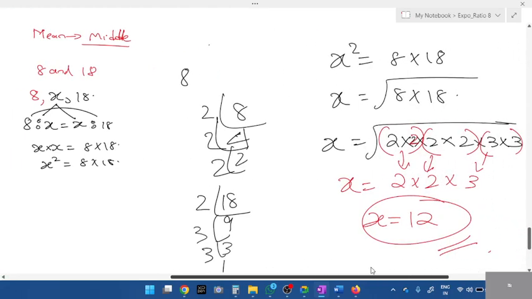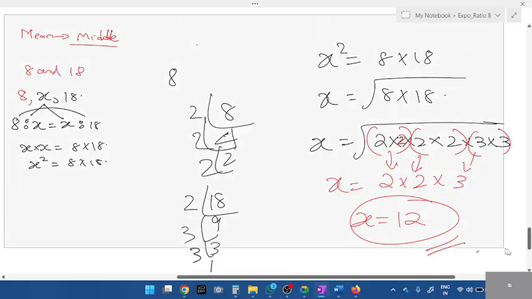Whoever has done, try the second question, students. If you have understood, try the second question, all of you.